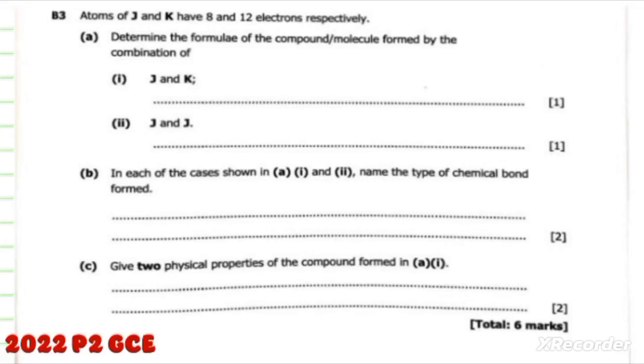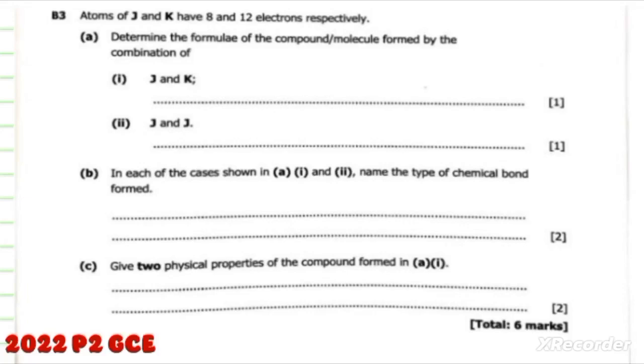So from the periodic table, an element with 8 electrons is oxygen. Or if we come up with the electronic configuration, we are going to discover that J will have 6 electrons in the outermost shell. So therefore J is a nonmetal, and K has 12 electrons.